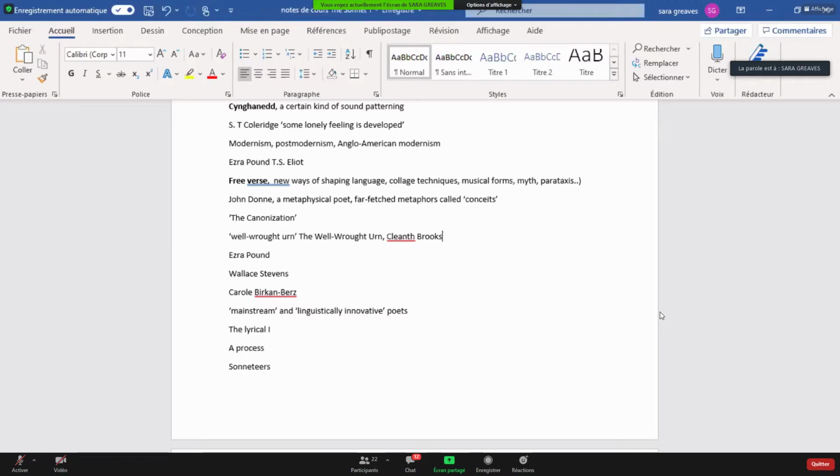The idea of a poem as a sort of closed-off structural entity.